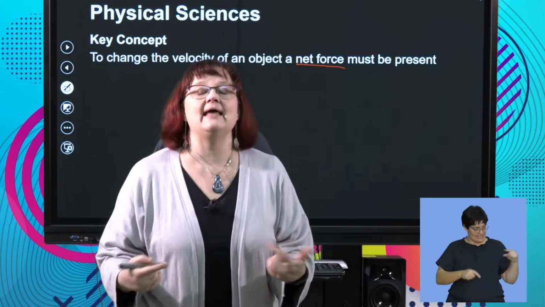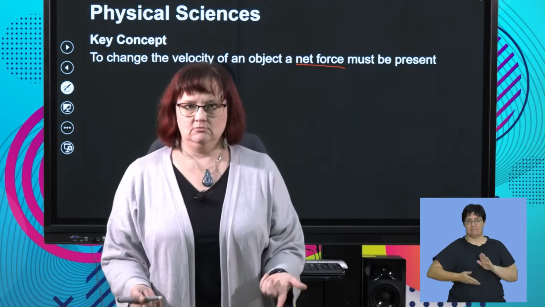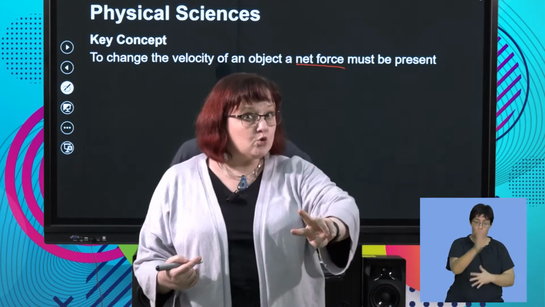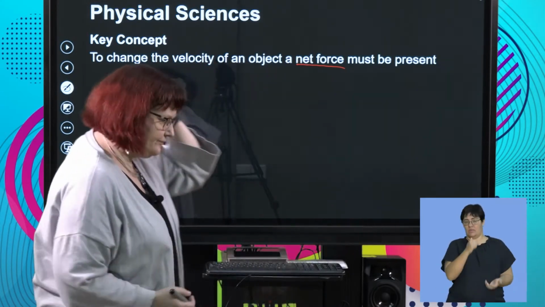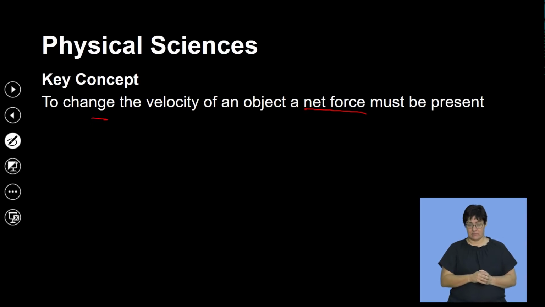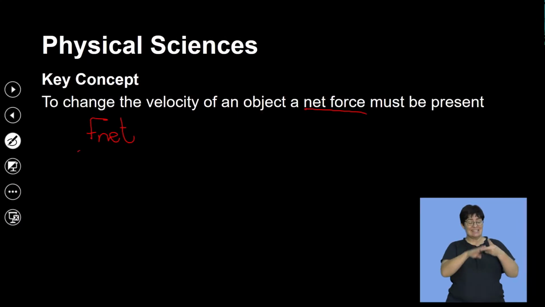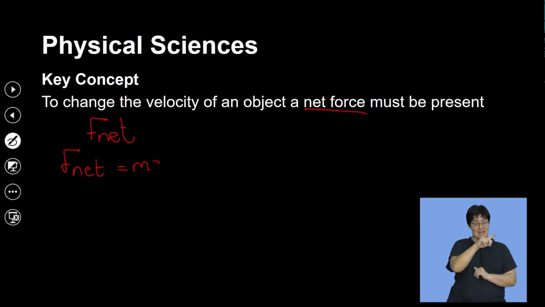So I need an acceleration. And I'm not saying that means it's going to get faster or slower. It could be either. So we need an F net. Now we're going to develop something here. F net, Newton's second law, is equal to mass times acceleration.